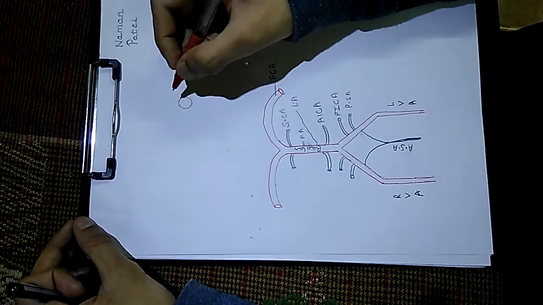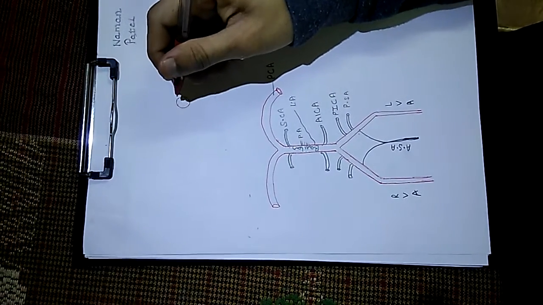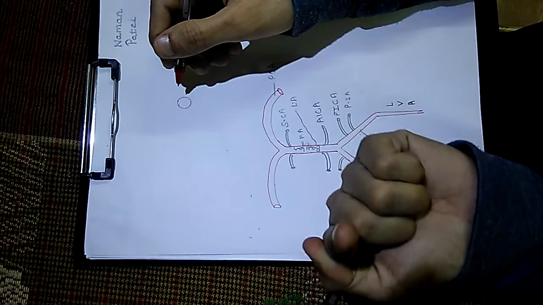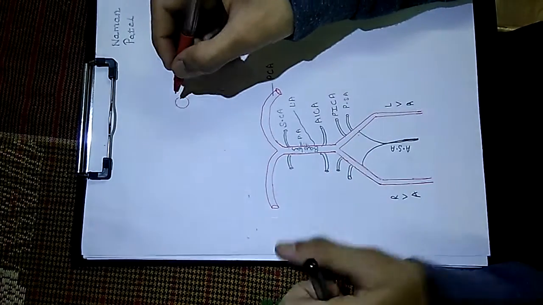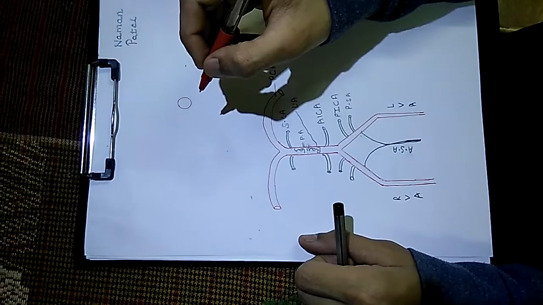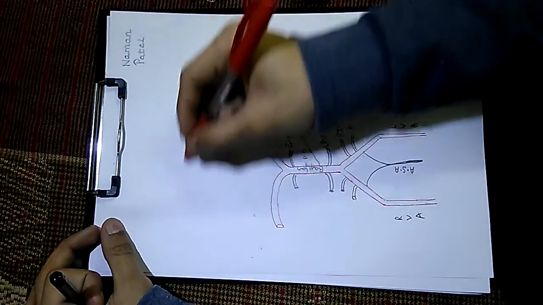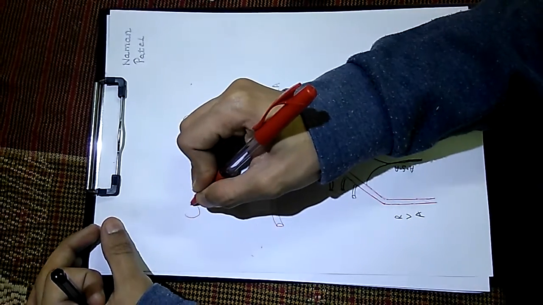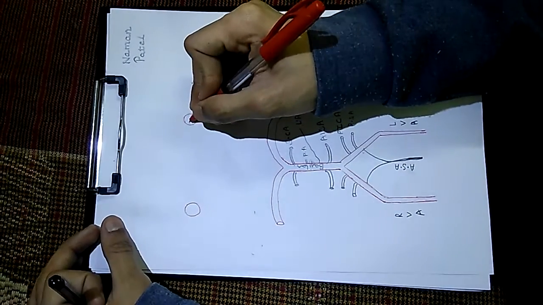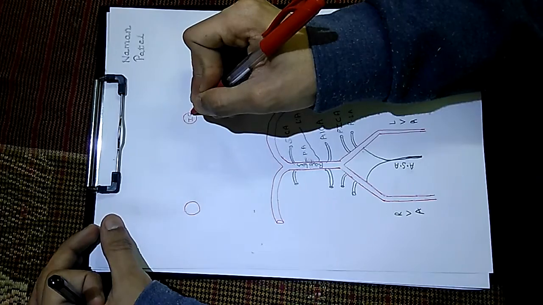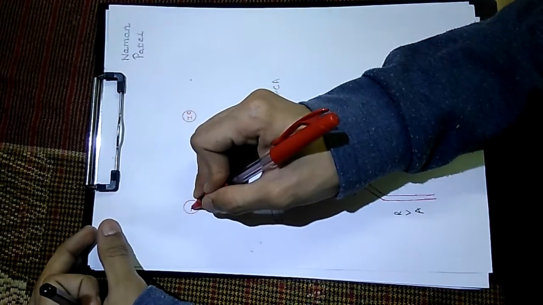Just imagine that from here the internal carotid is popping out from the cavernous sinus, right? In the subarachnoid space, and just the same here also. I will mention it as IC, internal carotid, right?